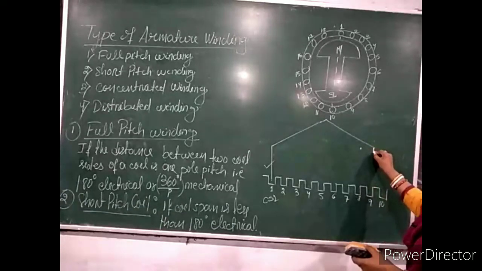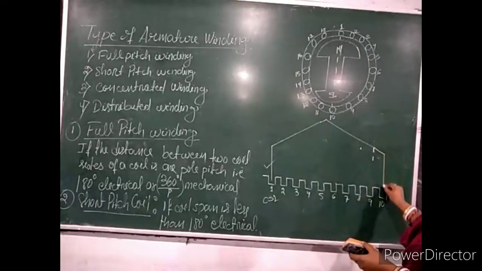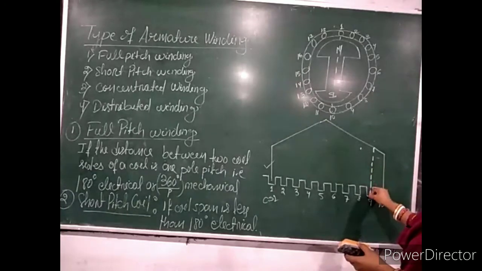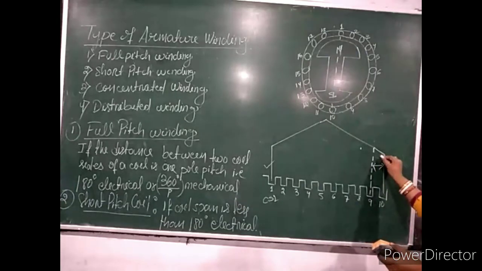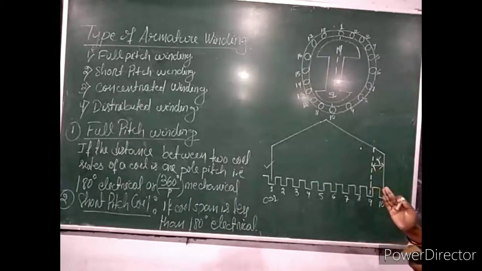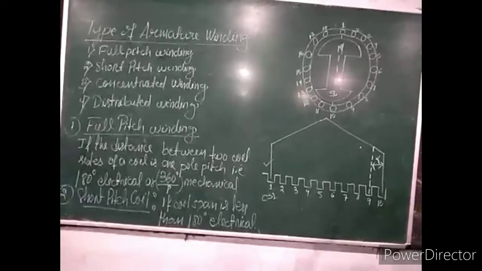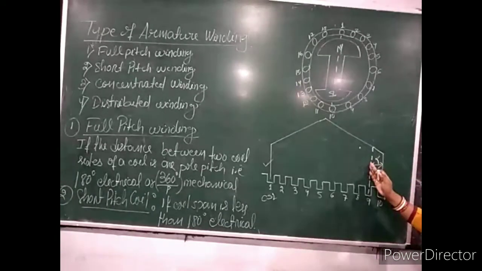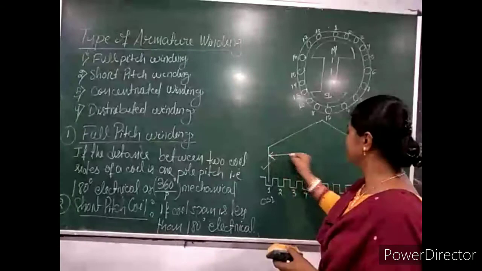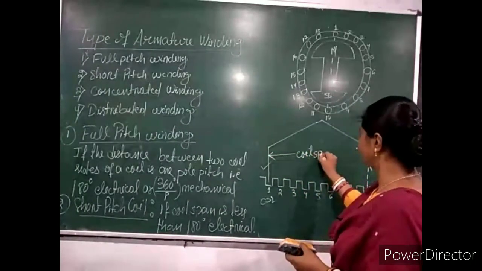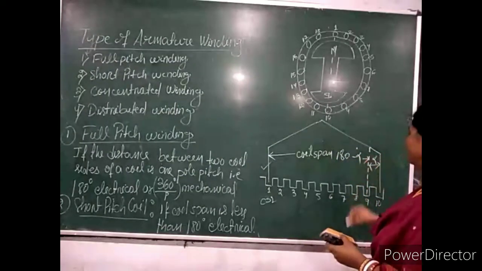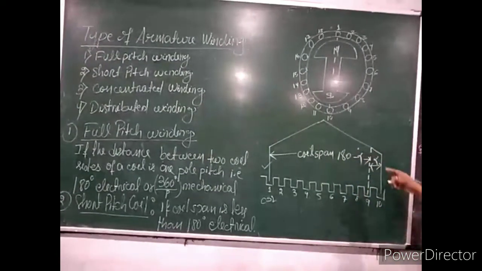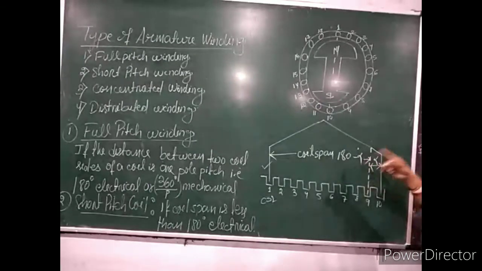Let me place it in the 9th position, and this angle is alpha, so alpha angle less. Now here the coil span is less than 180 degree, by an angle alpha. Then the winding is said to be short pitch winding.